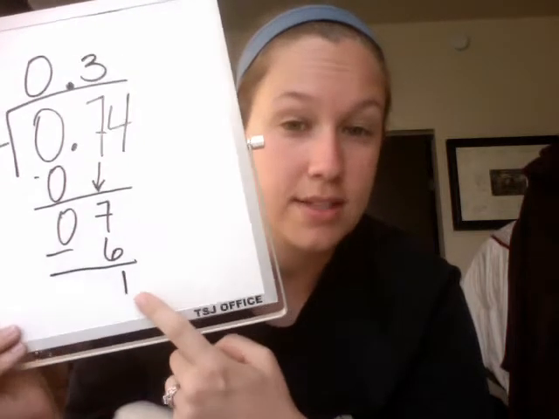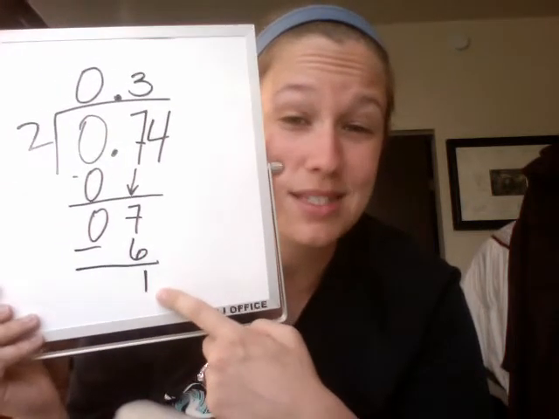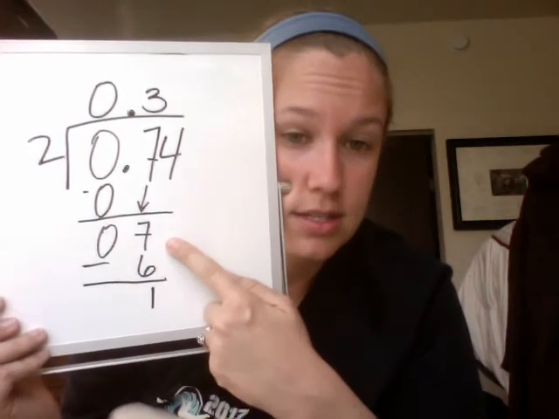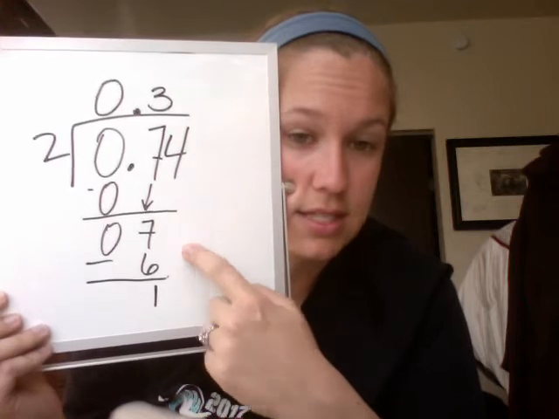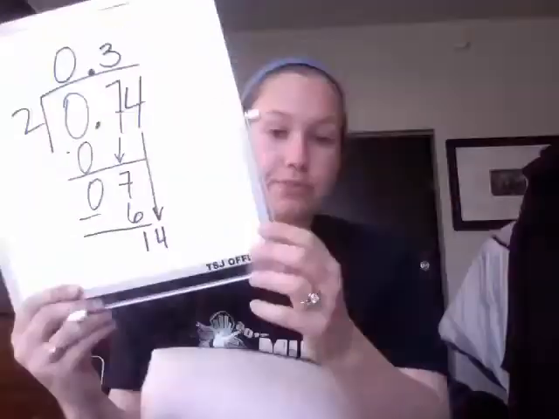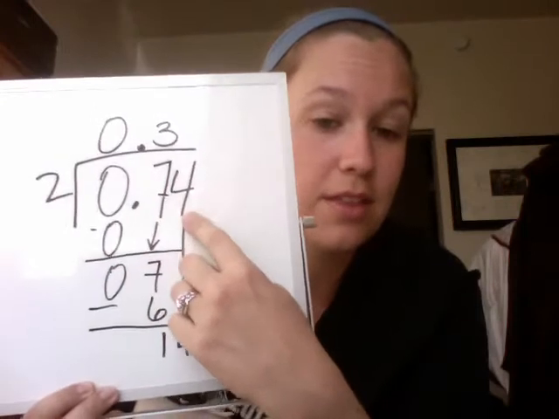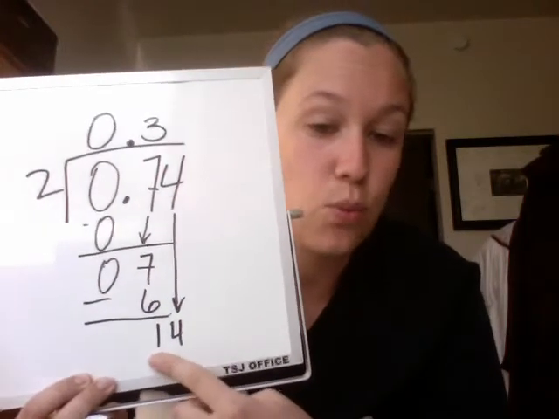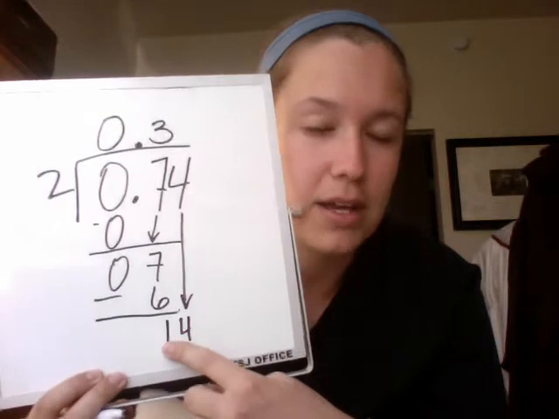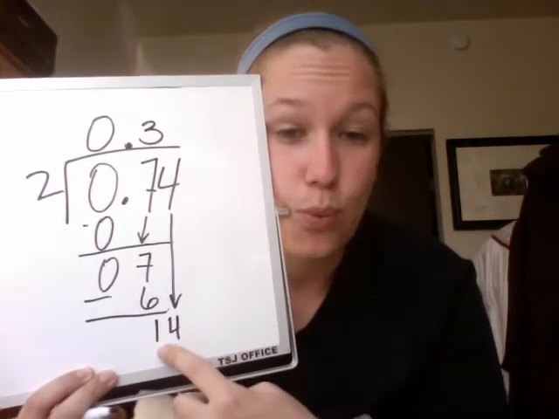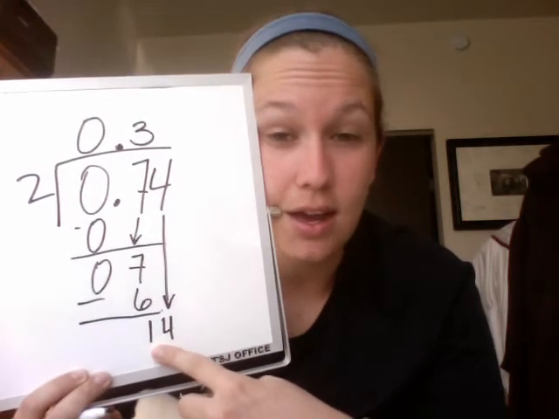That's that 1 tenth that's being renamed to 10 hundredths. So here I subtracted my tenths, 6 tenths from 7 tenths. Now I have 1 left over. I'm going to bring down my 4. This is what's happening in that chart. I had 4 hundredths to begin with, but now I've renamed one of my tenths to be 10 hundredths.